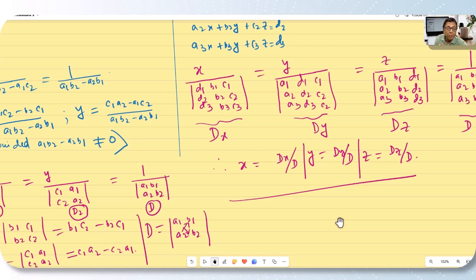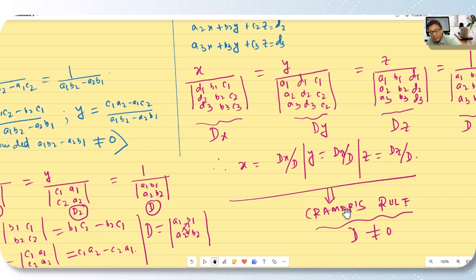It has its origin in solving equations, and this rule is known as Cramer's rule of solving a system of linear equations, under the condition that d is not equal to 0. In other cases also a solution can exist, but right now I am referring to d not equal to 0, which is the case of getting a value of x, y, z.